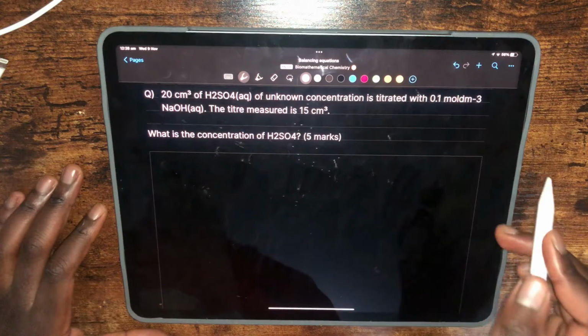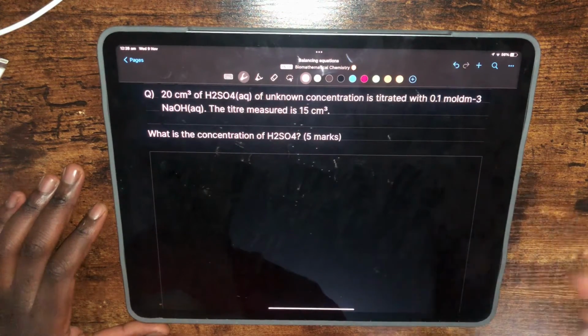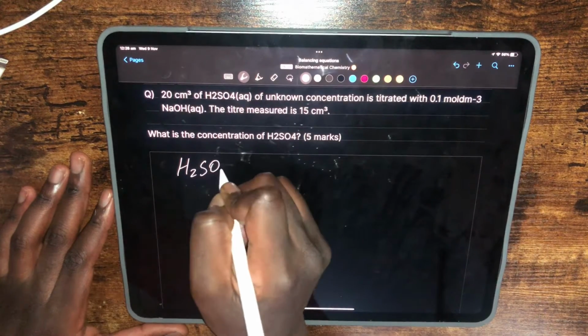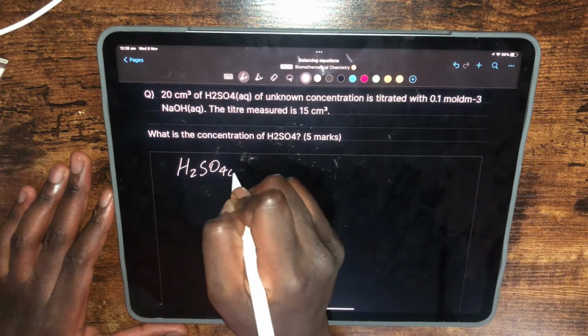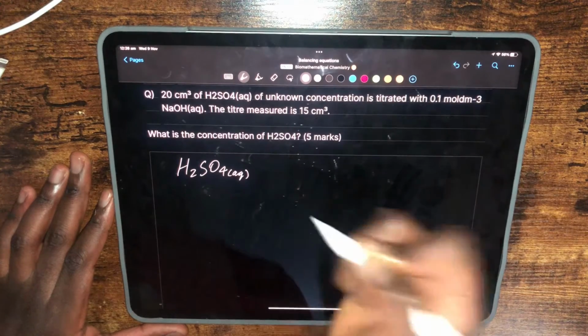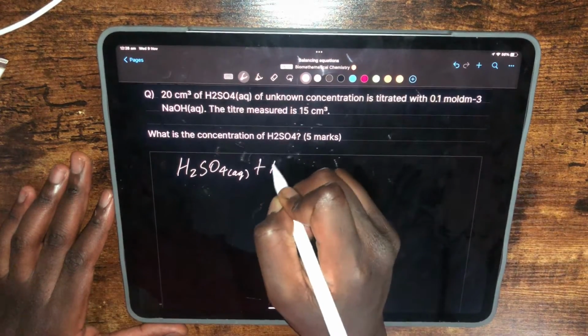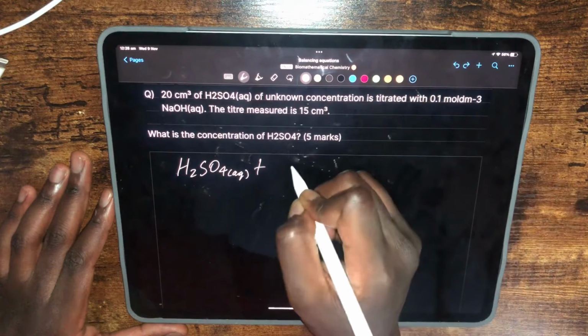When I look at this question, I would write down the equation. So it's H2SO4. This is a neutralization reaction, so you're going to form salt and water. So H2SO4 aqueous plus sodium hydroxide aqueous goes to form, it's actually Na2SO4, aqueous, yes, that's a salt, plus H2O, your salt and your water.